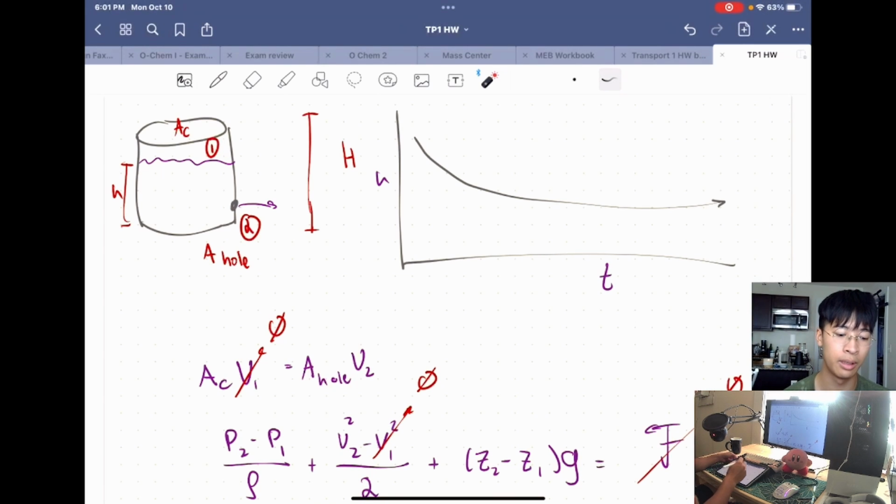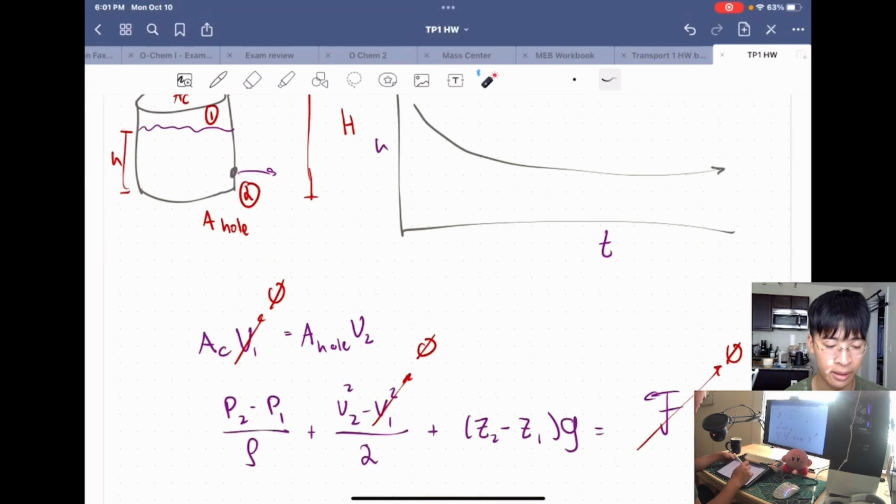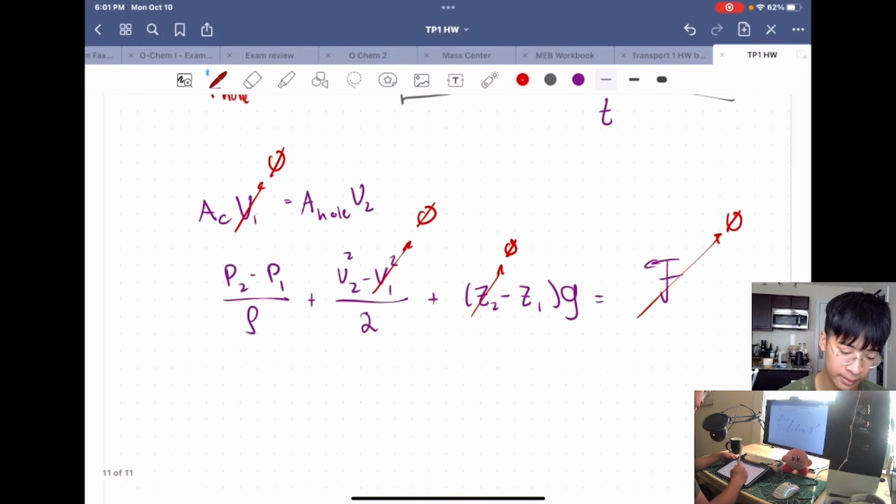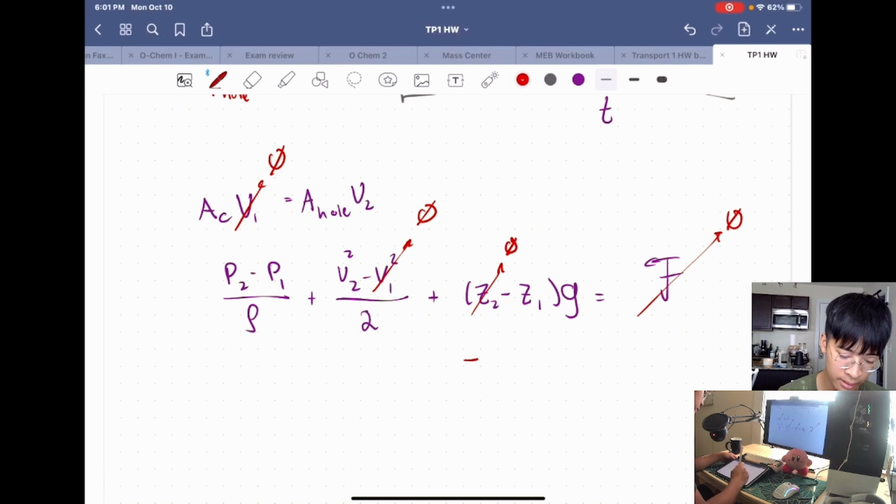Unfortunately, position 1 will change with time because the fluid level goes down, while position 2 remains constant. So it would make more sense to call Z sub 1 h, the height of the fluid level, and call Z sub 2 0. Okay? So we say that this is minus gh. Here we have the value plus v2 squared over 2.